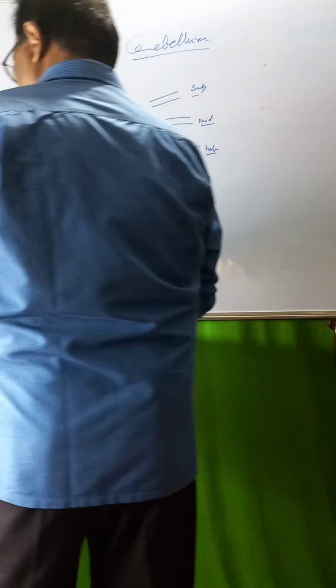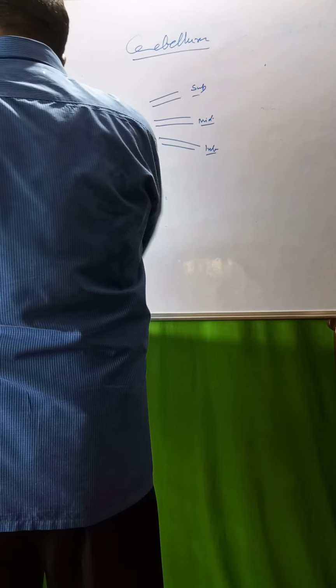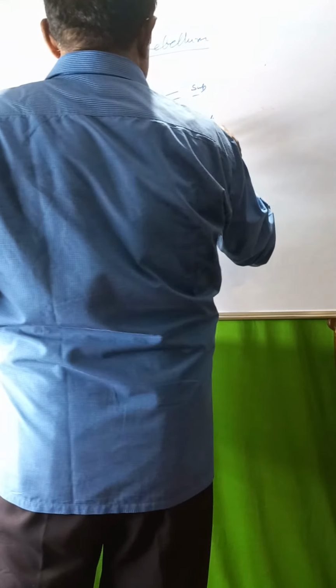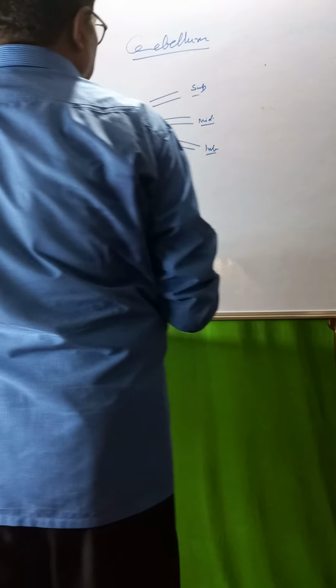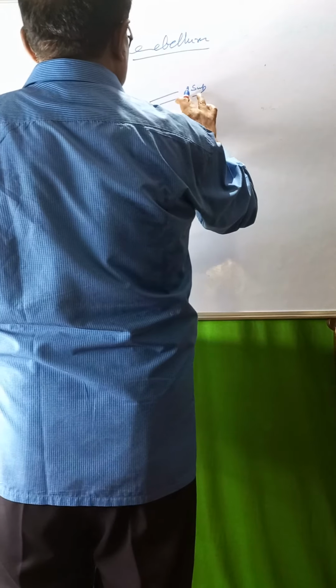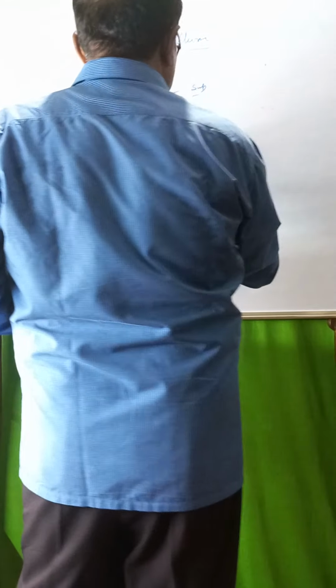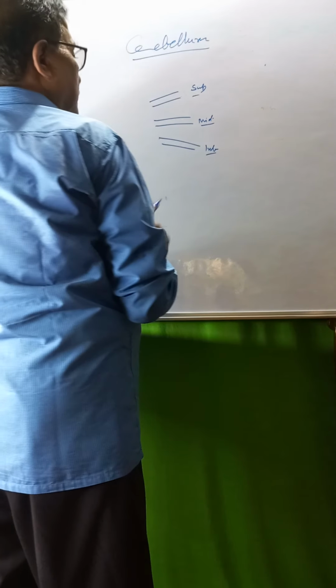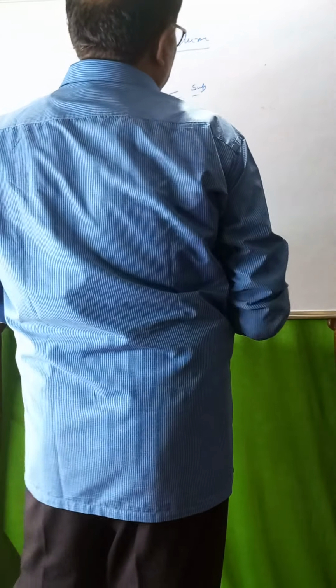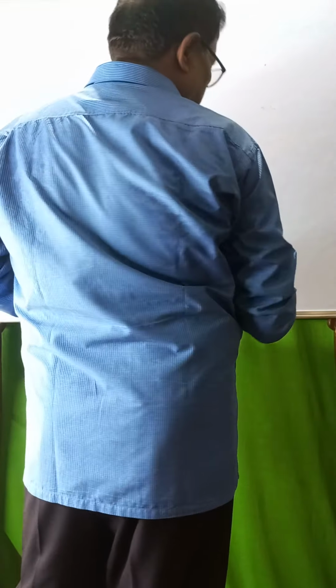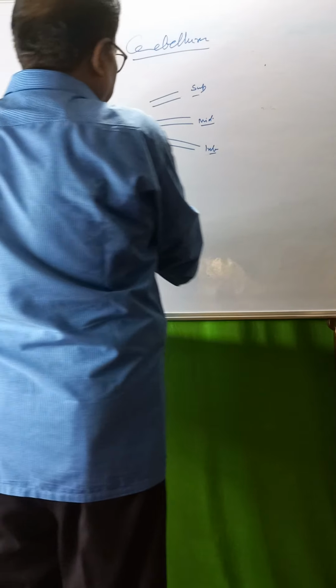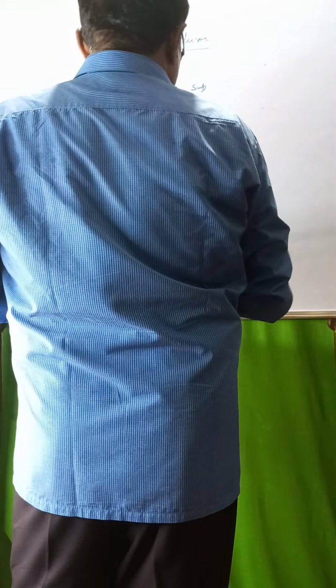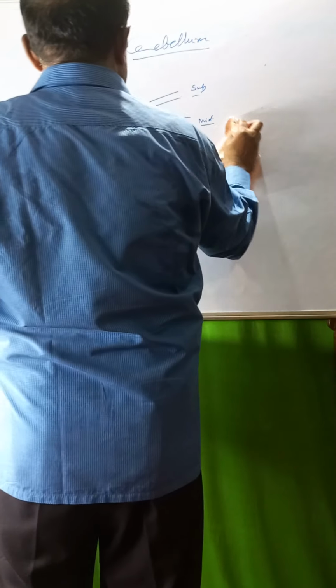Superior and inferior, and in between is the middle one. The superior is connected with the midbrain, the middle cerebellar peduncle with the pons, and the inferior cerebellar peduncle with the medulla oblongata.